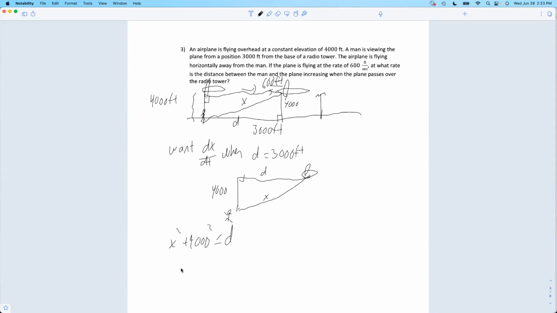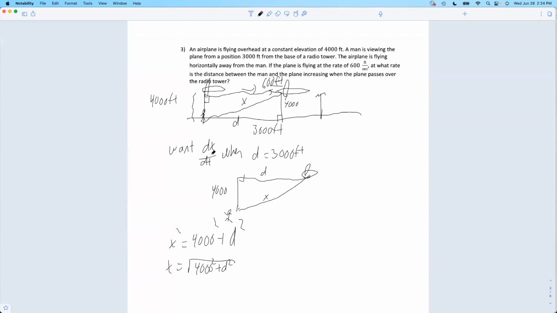Oh, no, I lied. X is the hypotenuse. X squared is 4,000 squared plus d squared. So x will be, we can't have any negatives, so I don't have to worry about a plus or minus, x will be the square root of 4,000 squared plus d squared.